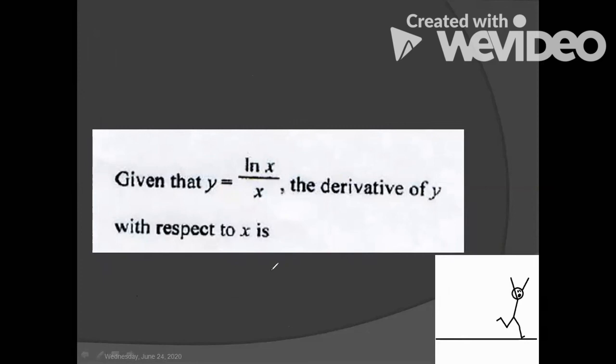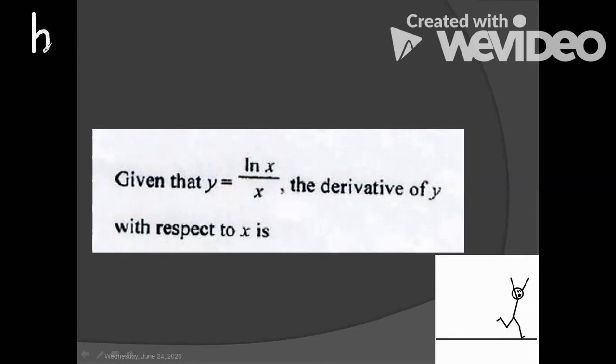For the quotient rule, it's the bottom number multiplied by the differential of the second term. Hold on, my apologies, that's the product rule.